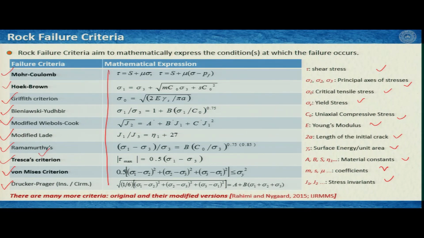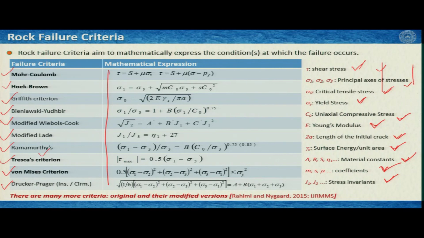Now, interestingly, let us have a look at these parameters which are actually being used to understand the failure criteria. The first one is shear stress, then yield stress, principal axes of stresses, critical tensile stress, uniaxial compressive stress, Young's modulus, length of the initial crack, surface energy per unit area, some series of material constants, then series of coefficients, and the stress invariants.